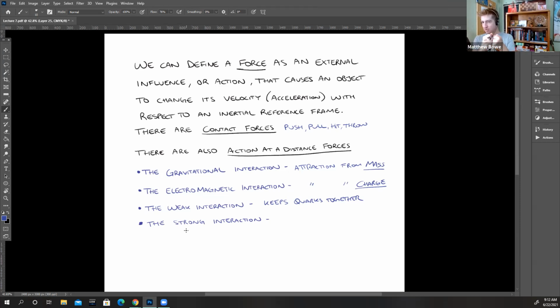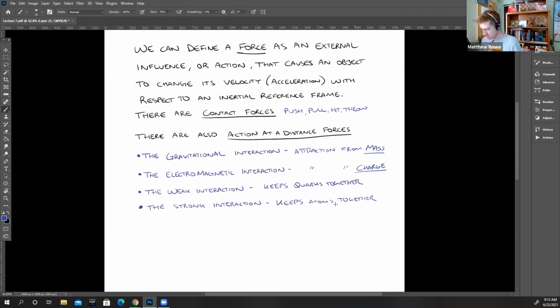Why are they still clinging to each other on the inside of a nucleus? And that is from this strong interaction. So this keeps atoms together. So this is just the side notes on these four fundamental forces of nature.